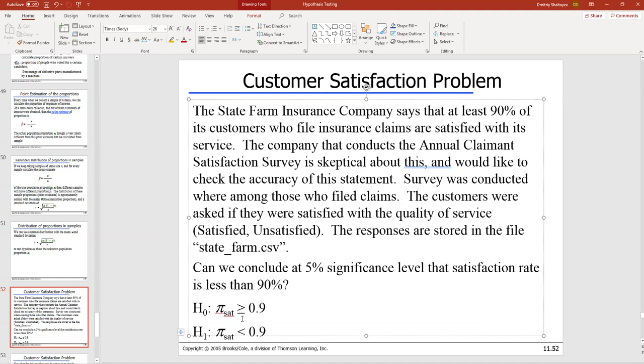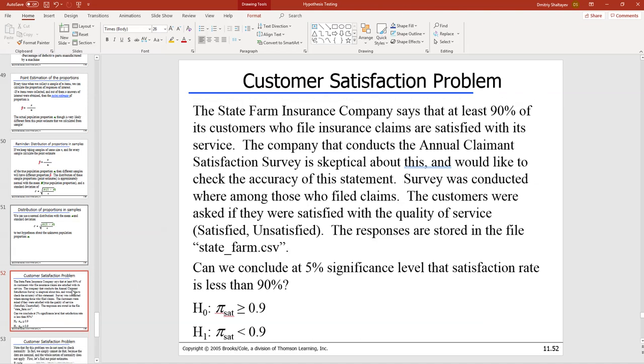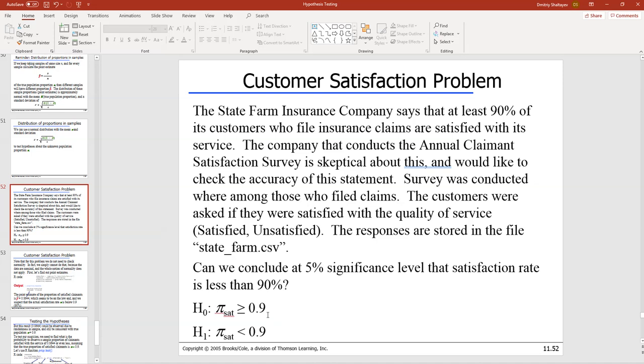Because proportions are decimal numbers between 0 and 1, which corresponds to 100%, 90% is 0.9 in the proportions world. And that becomes my alternative hypothesis, that the proportion of satisfied customers is under 90%. Then I reverse that statement and my null becomes that the proportion of satisfied customers is 90% or above. That's what State Farm Insurance claims, right?